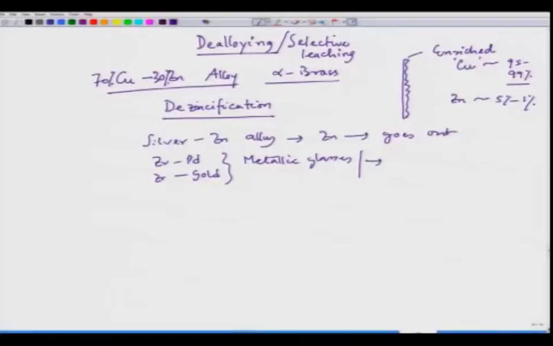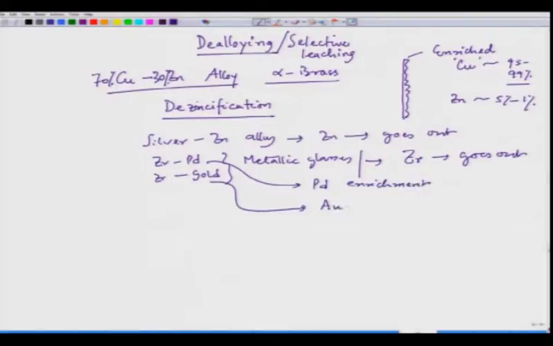And if we leave these 2 alloys in HCl solution, then zirconium goes out, and in this case we have Pd enrichment, and in this case gold enrichment. So, here also this is de-alloying, since zirconium is going out.